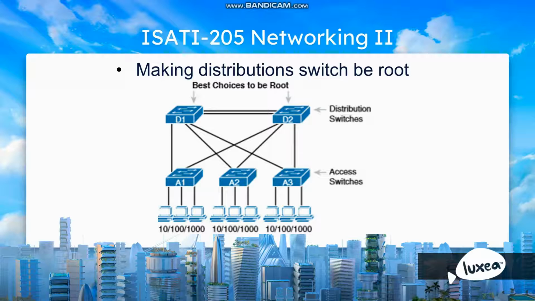The meaning of root is the reference point for all switches in the spanning tree topology. In the picture, we can see the access switch between the distribution switches and the PC. It means the access switch is used to connect to endpoint devices. It is always in the middle and does the access work. And the distribution switch, as we can feel from the word distribution, distributes, and connects switches that do not connect to endpoints.